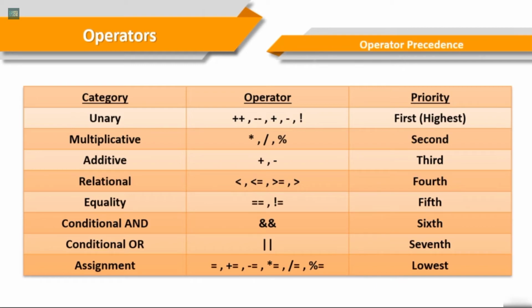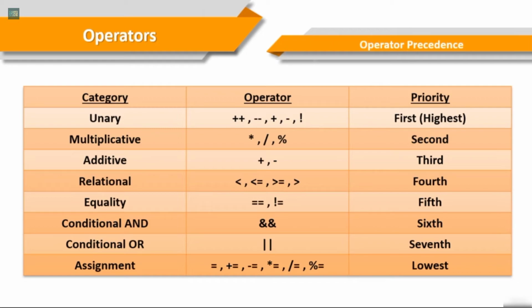Now, there is a very important point in this part. If you want to change the order in which an expression is evaluated, you'll have to use parentheses. In fact, any part of an expression enclosed in parentheses is evaluated first. You knew there was a trick waiting for you.